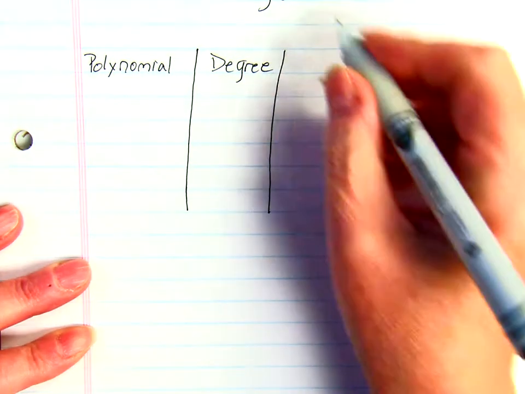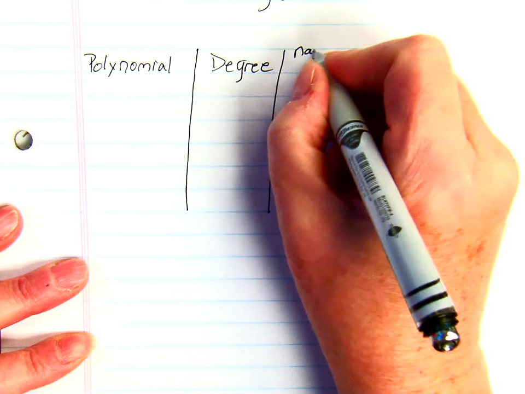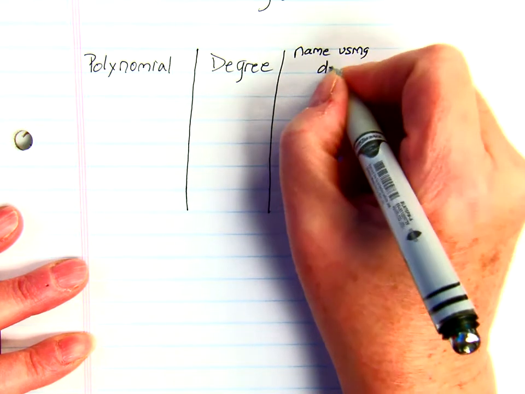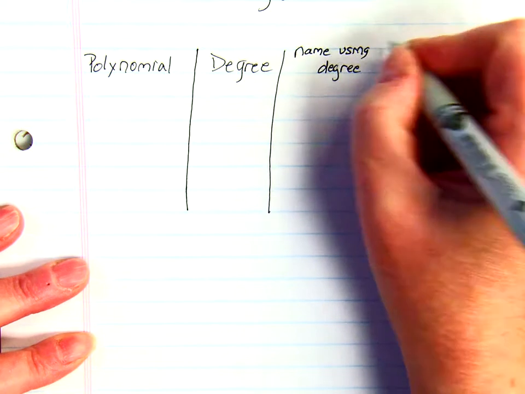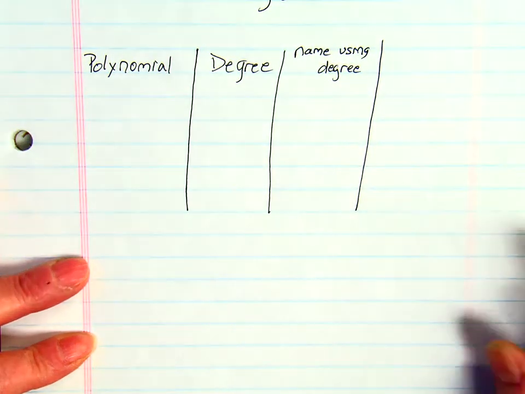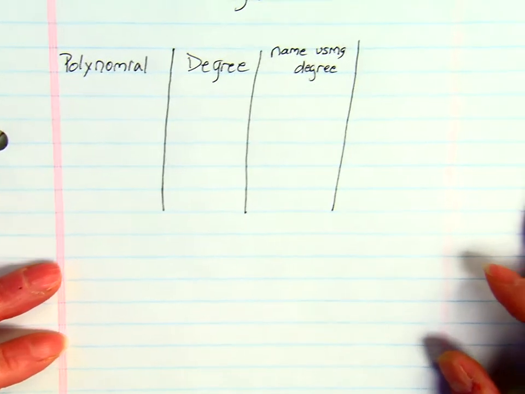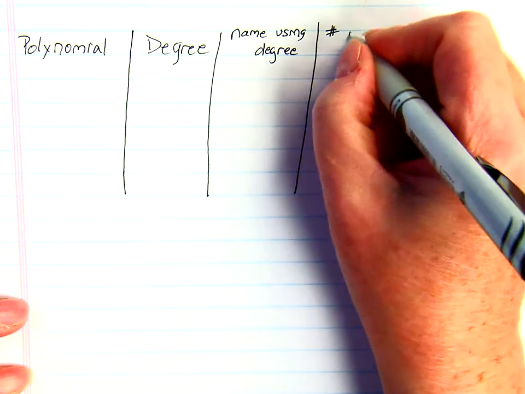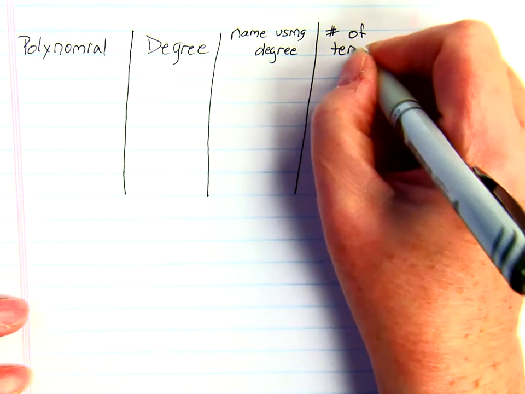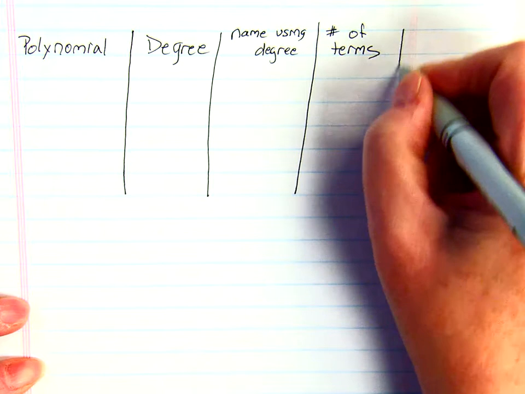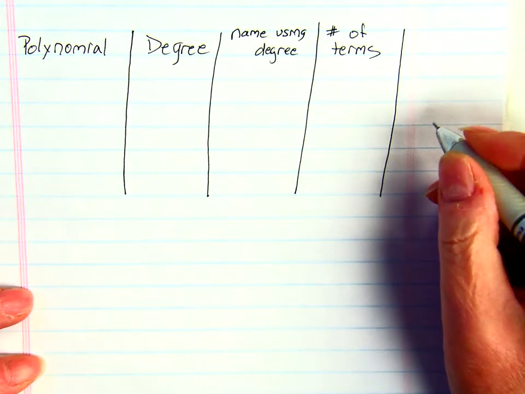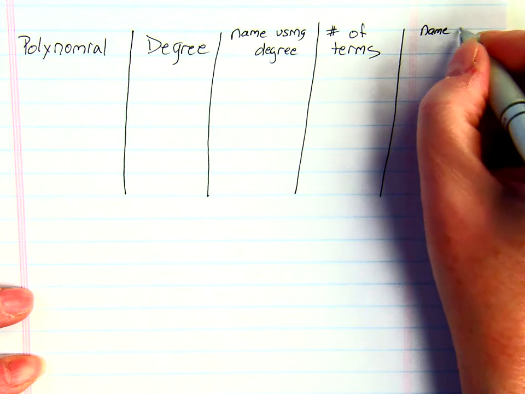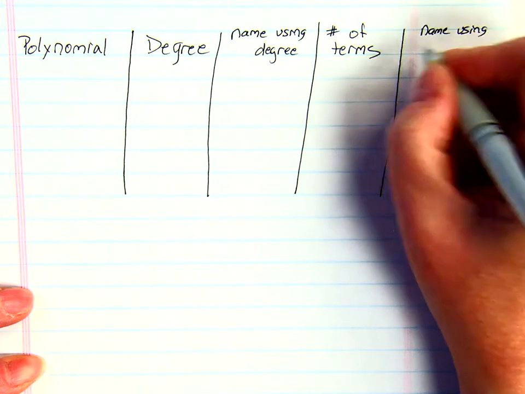We will then have our name using our degree. Then we will have number of terms. And then finally, our last column is name using number of terms.